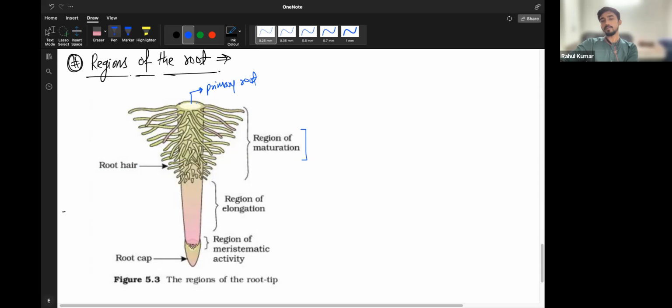It can also be a secondary root, where these are the fine root hairs. If this is a primary root, then this becomes secondary. If this is the secondary one, then this becomes tertiary. Understood? Now in this region of maturation, the root hairs develop, very fine things.